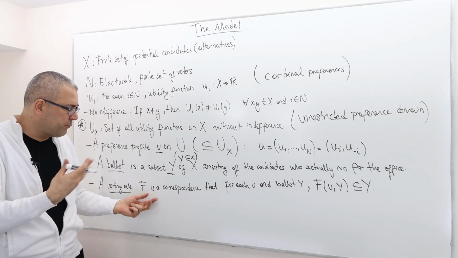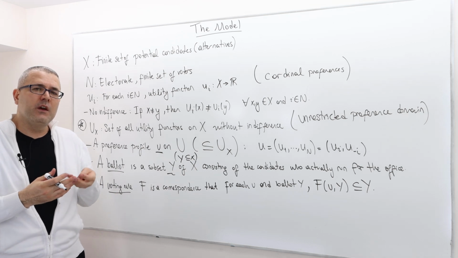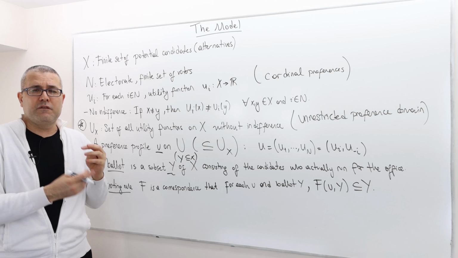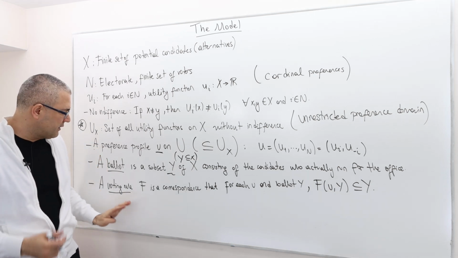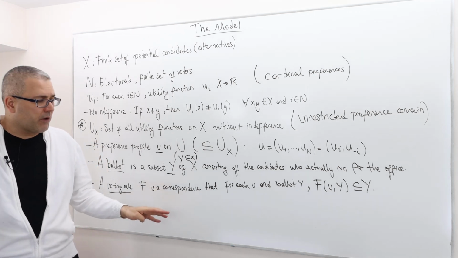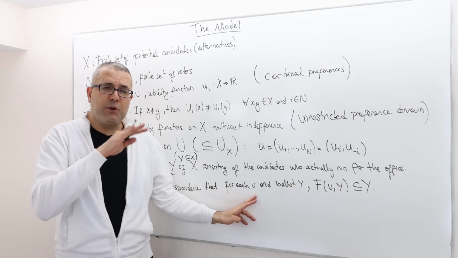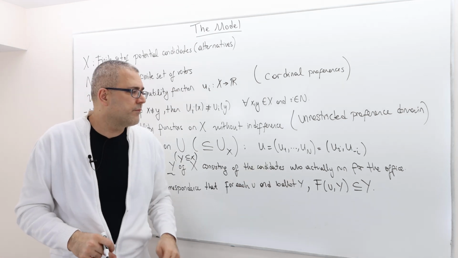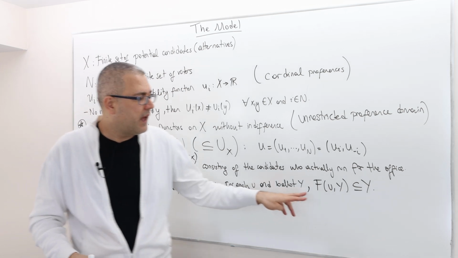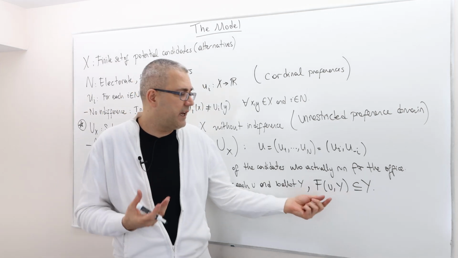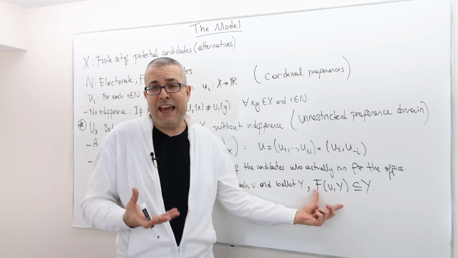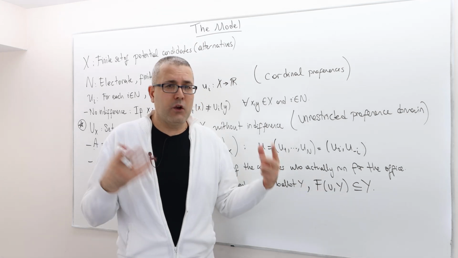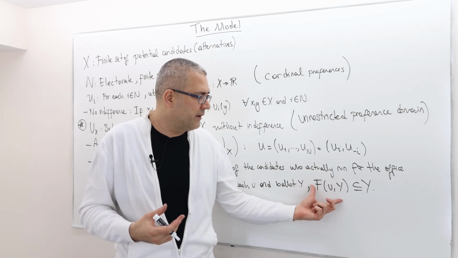A voting rule F is a correspondence that, for each preference profile u and for each ballot Y, which is a subset of X, gives F(u, Y), the winner candidates. Again, this could be a singleton, or it may include more than one candidate.